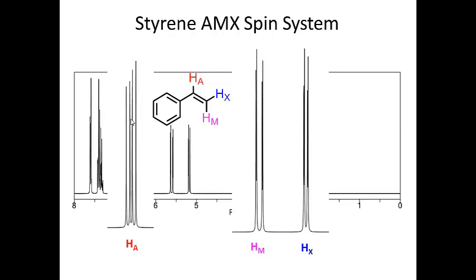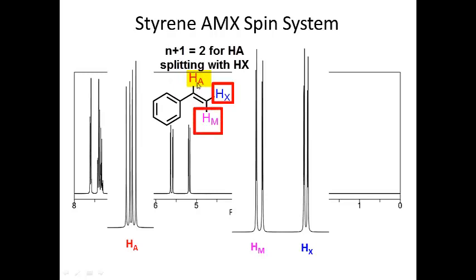So how is it that this splitting happens? Let's take HA, for instance. HA is going to split with HX, and it's also going to split with HM. HX is one neighbor, so if I apply the n+1 rule, the signal for HA should be split into a doublet for HX and also a doublet for HM.